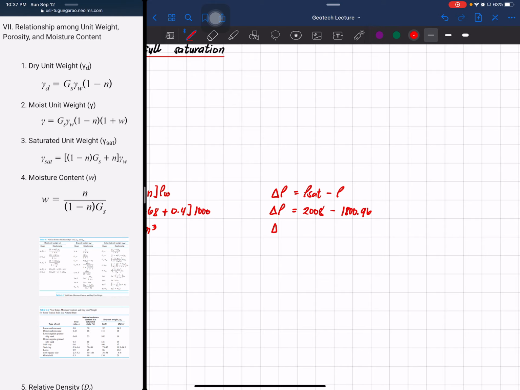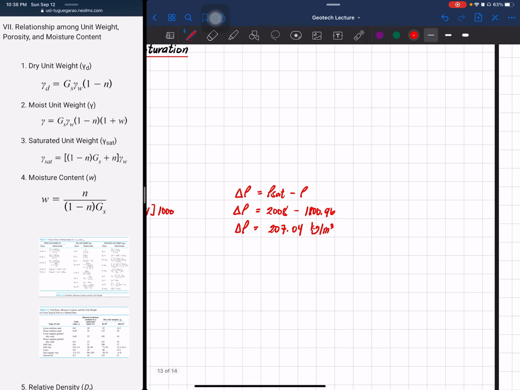So your delta rho now is equal to 207.04 kilograms per cubic meter. Okay, so we now have the delta rho.